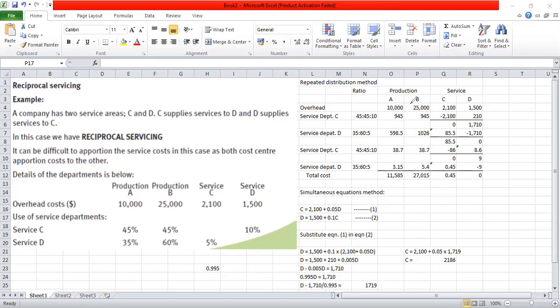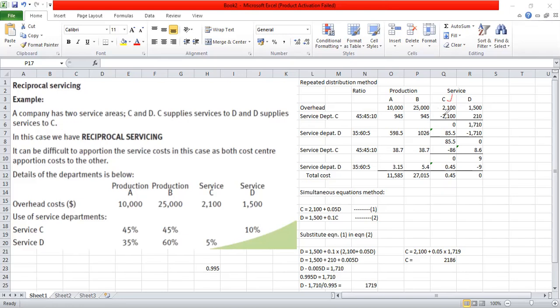So what did we do here? First mention what are the overhead costs. So 10,000, 25,000, 2,100, and 1,500 they are spent. Start with the first one, that is service department C. Take the amount. Because this will be charged to the others, put a negative here, minus 2,100.